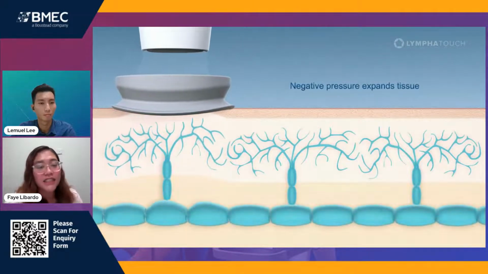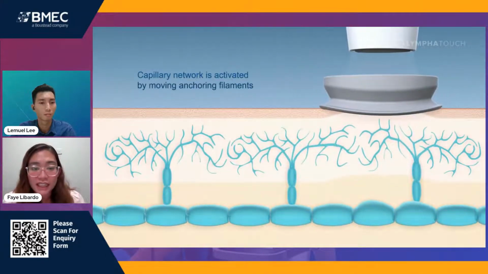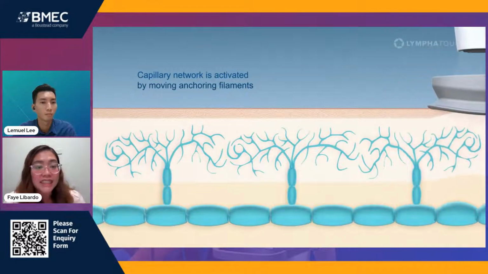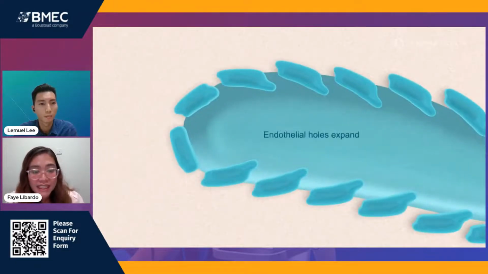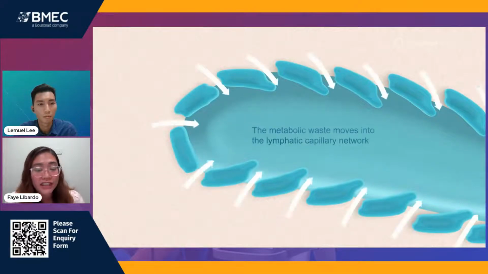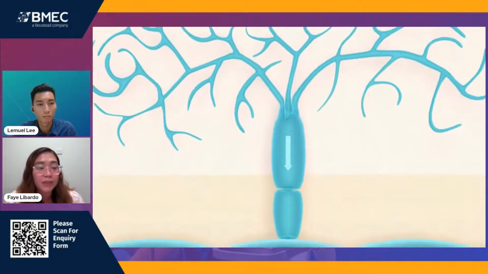This is an illustration of how negative pressure is applied over the skin. The capillary network is activated by moving the anchoring filaments. This causes an expansion in the endothelial holes inside our bodies, and it ushers the metabolic waste to move into the lymphatic capillary network.